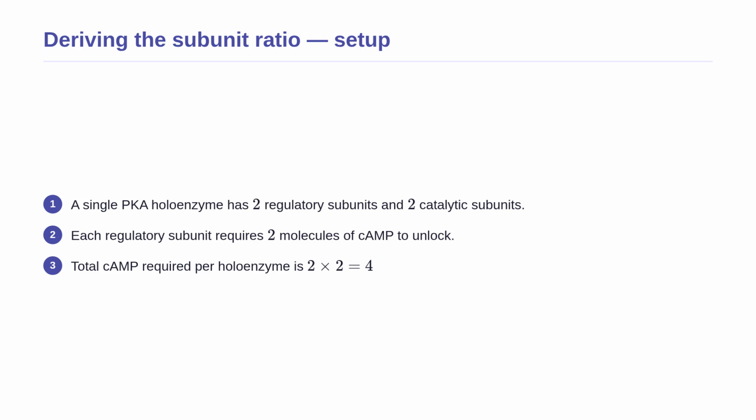Biological studies show that each individual regulatory subunit requires exactly 2 molecules of cyclic AMP to change its shape and unlock. Therefore, to unlock the entire holoenzyme, we multiply the 2 regulatory subunits by 2 cyclic AMP molecules each, giving us a total requirement of 4 cyclic AMP molecules per holoenzyme.